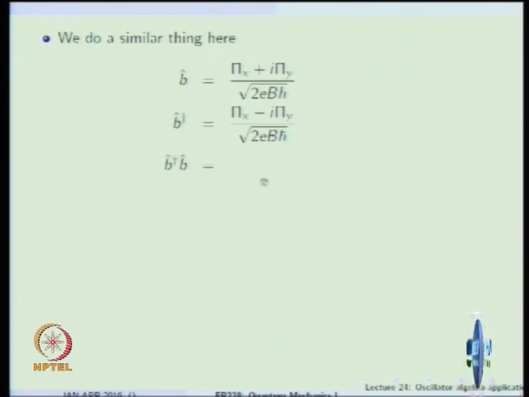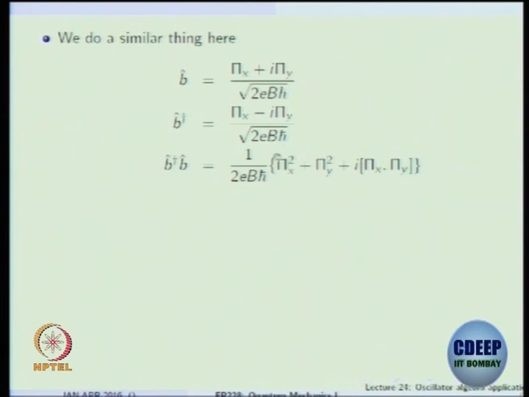If you try to find the commutator, please check it, and you will be able to show that this is identity, and also construct the number operator, which is B dagger B. It turns out to be, please verify this, but we need in the Hamiltonian pi x squared plus pi y squared.